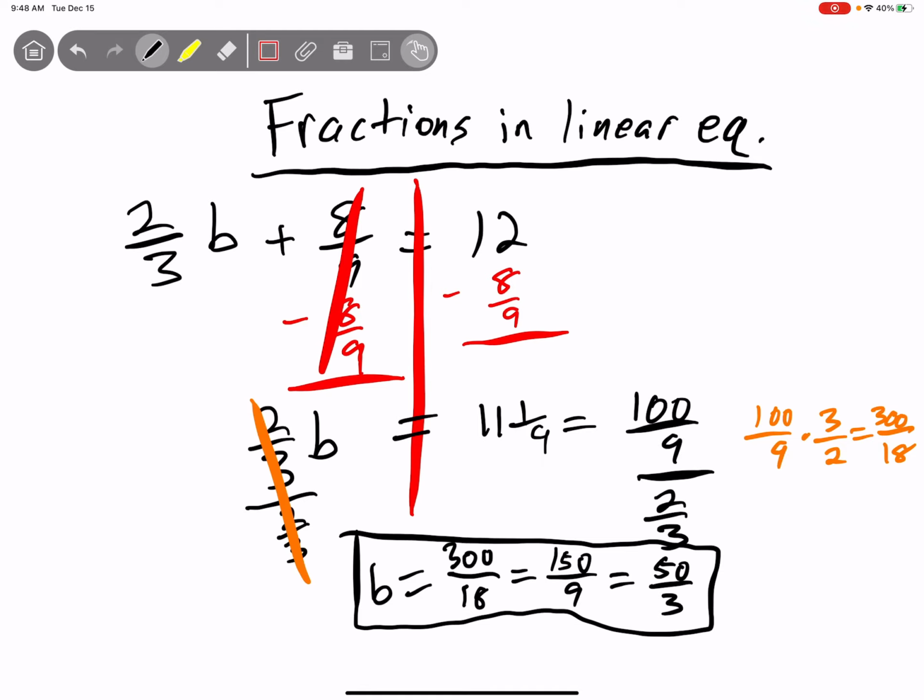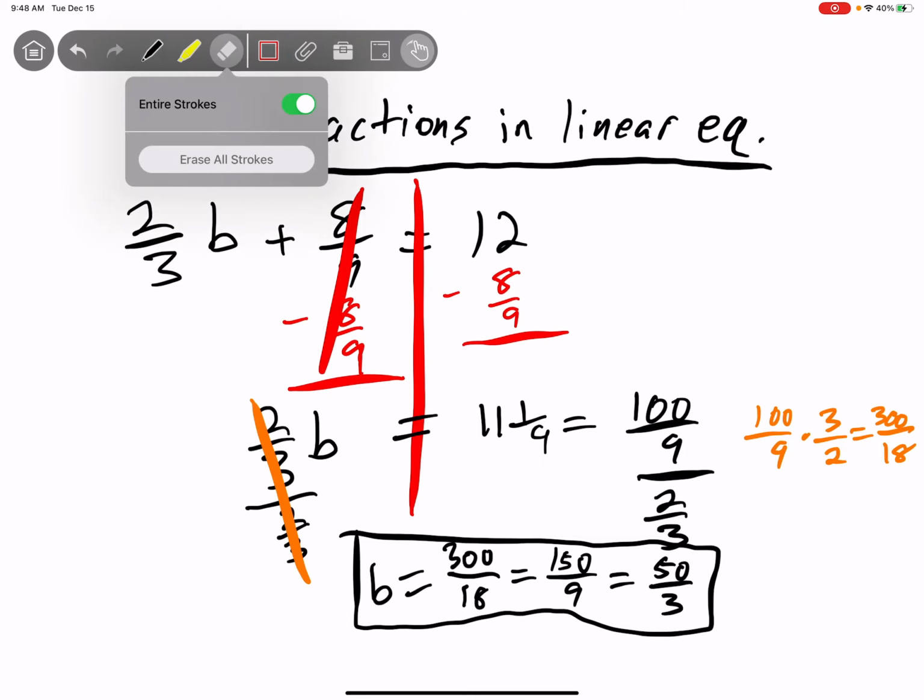But what if fractions really scare you? Then what do you do? Well, I'm going to teach you a different way of doing the same exact problem. So the problem again said 2/3 b plus 8/9 equals 12.